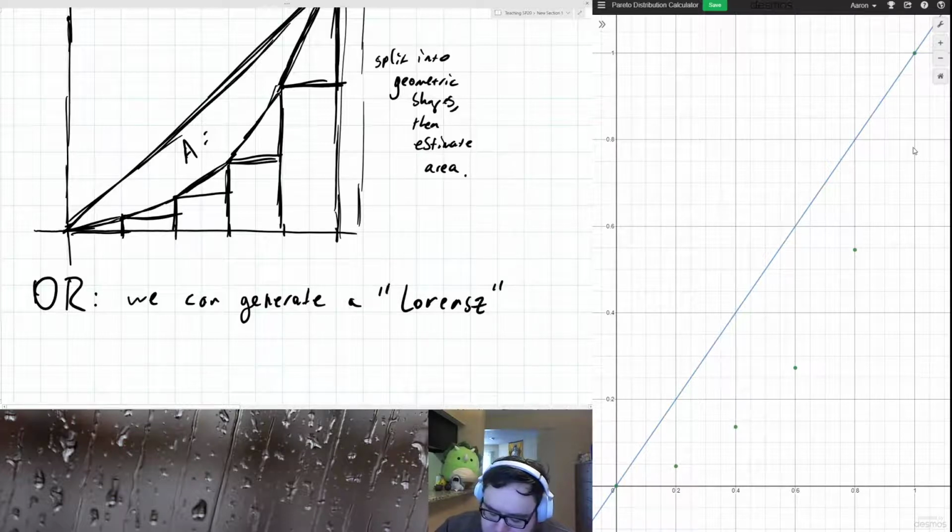This is a type of curve that passes through (0, 0) and (1, 1). And it's something we can use a calculator to find, like a curve of best fit, basically.